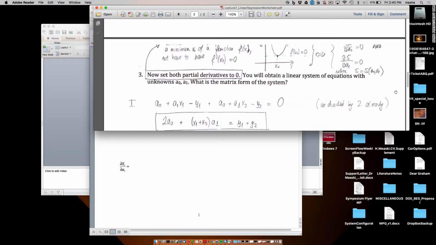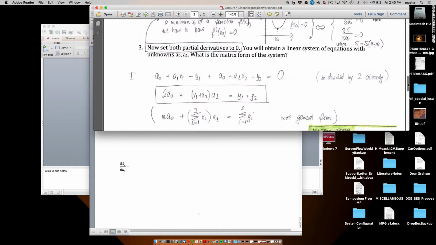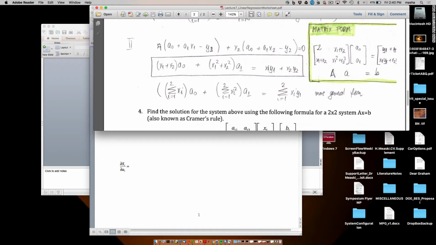So what did you get as the second equation? Okay, so this is my second one. If I take A0, then I have x1 plus x2 times A0, correct?